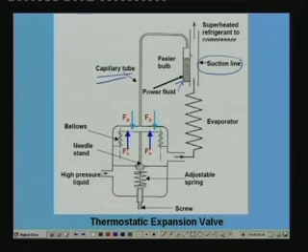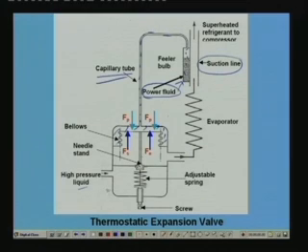The capillary tube connects the feeler bulb to the thermostat body, and the feeler bulb, the thermostat space above the bellows and the capillary tube are filled with a fluid called power fluid. So this entire space plus this space in the capillary tube and this entire feeler bulb space is filled with a power fluid. The power fluid can be same as the refrigerant or it can be a different fluid.